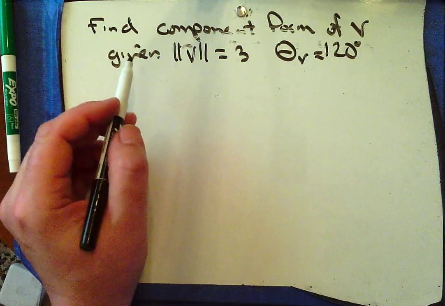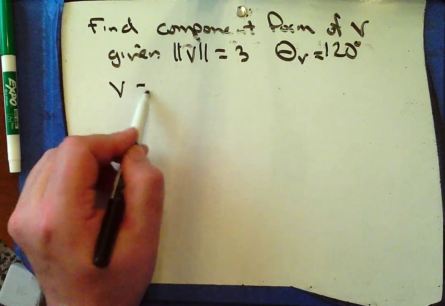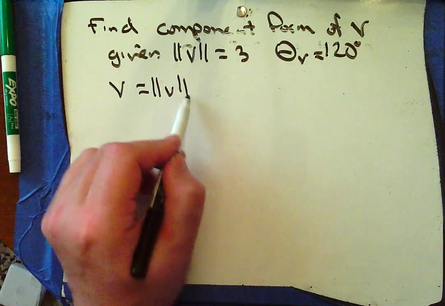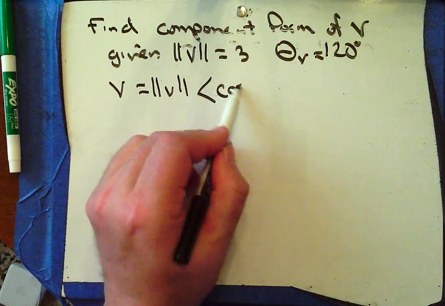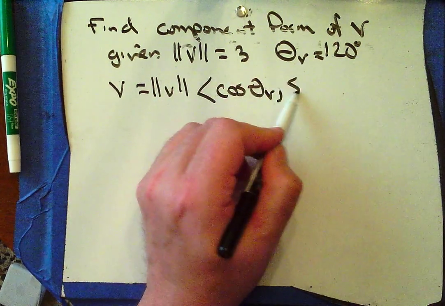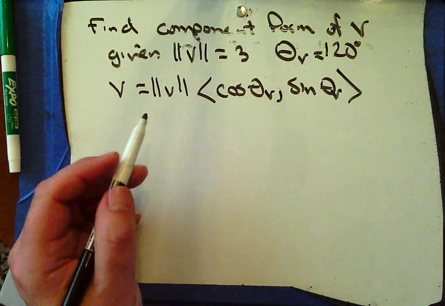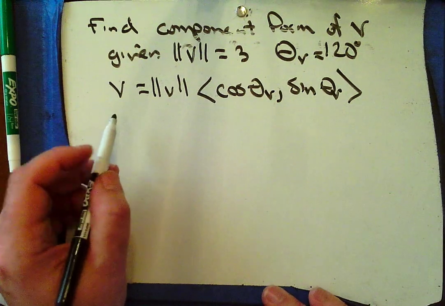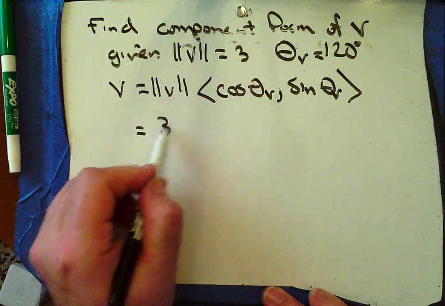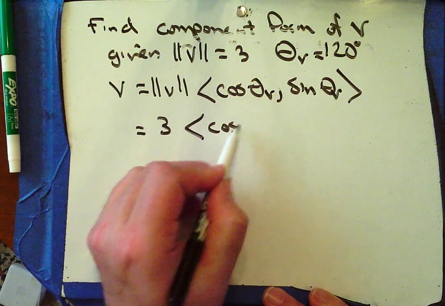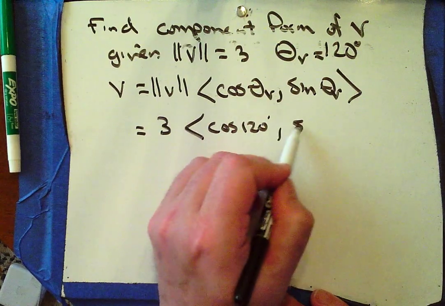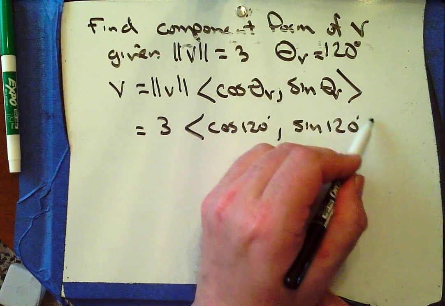Okay, with the same setup, I know that v equals magnitude of v cosine theta v, comma, sine theta v. And so I'll plug in what I know. I know the magnitude is 3. I know the cosine of 120 and the sine of 120.